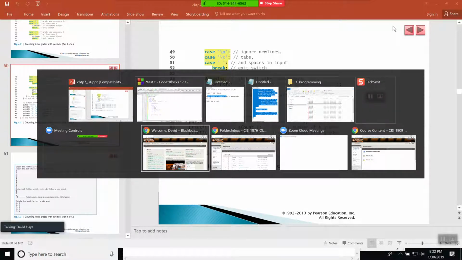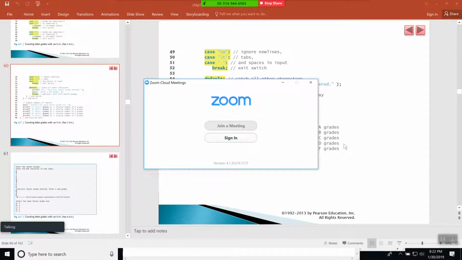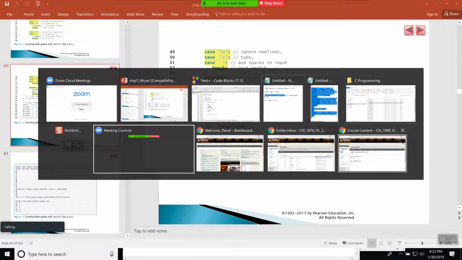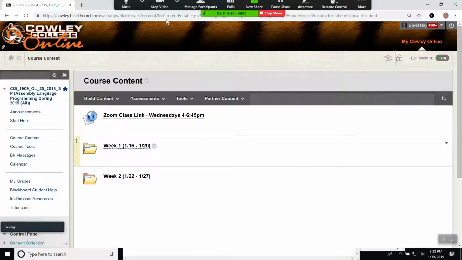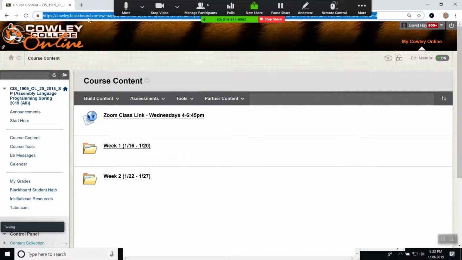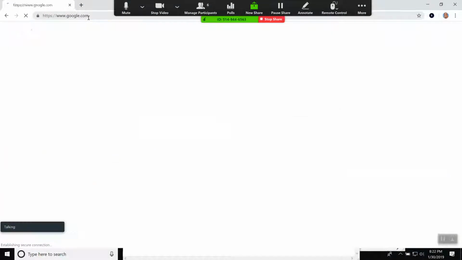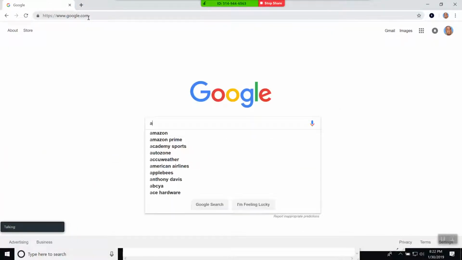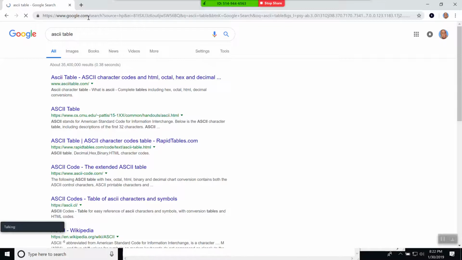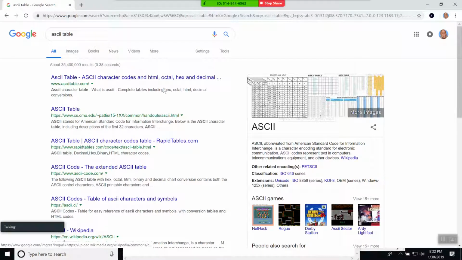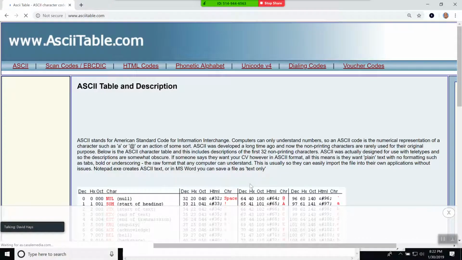Let's see if I can get to the web page here. That's not it. There's a website for an ASCII table.